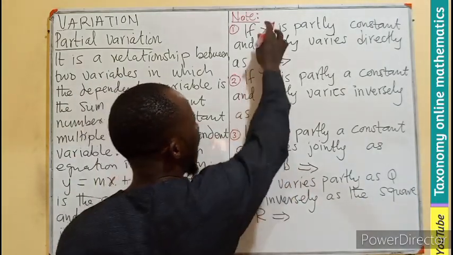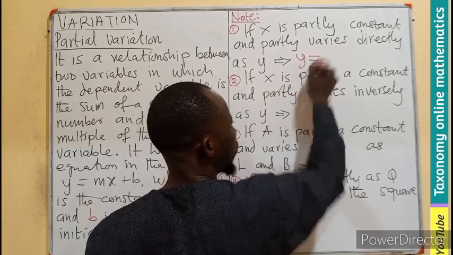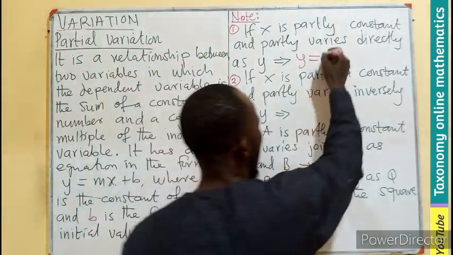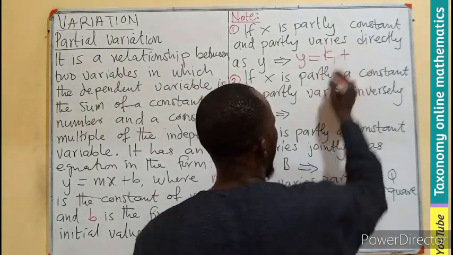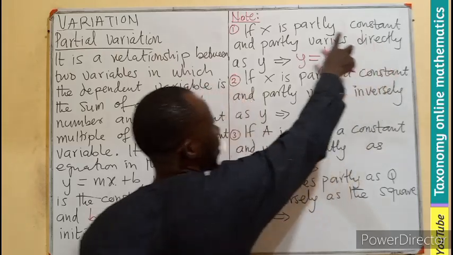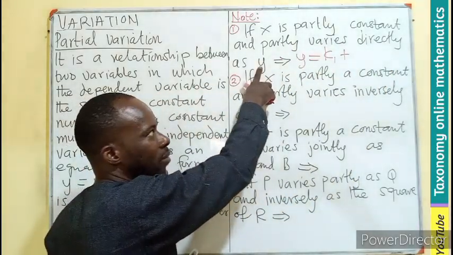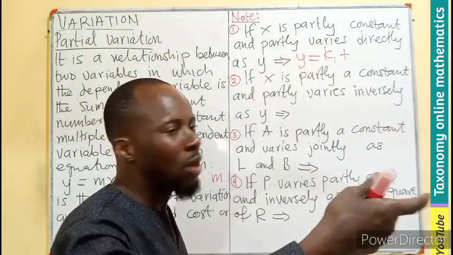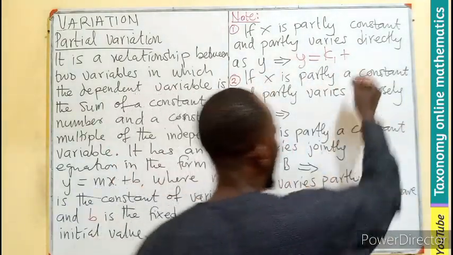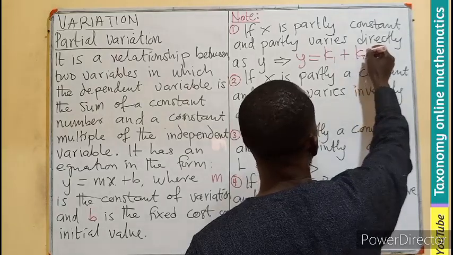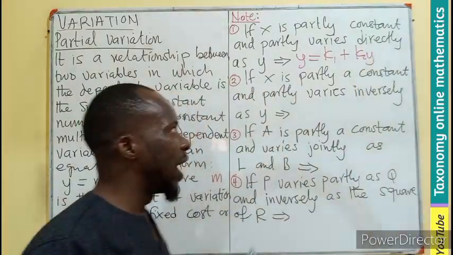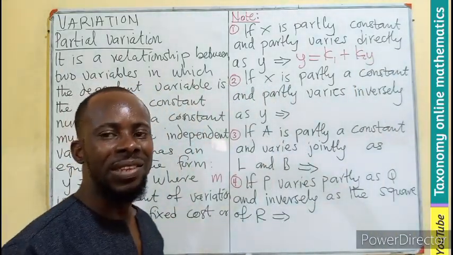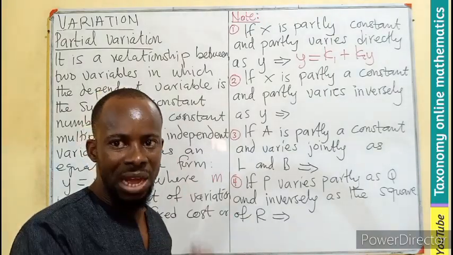So x equals the sum, k1 plus directly varying as this. The moment it is direct variation, there is a constant of proportionality, which is k. So in this case, I have k to y. The k1 and the k2 indicate the first constant and the second constant.